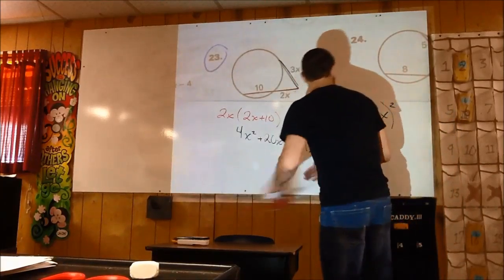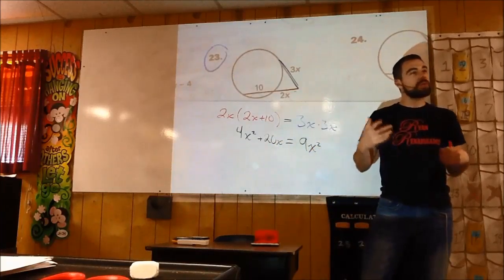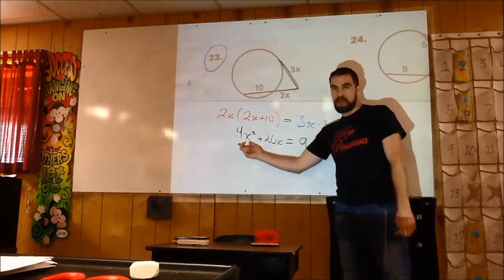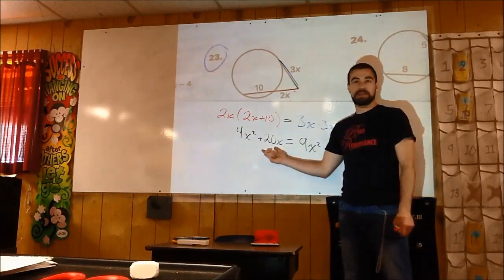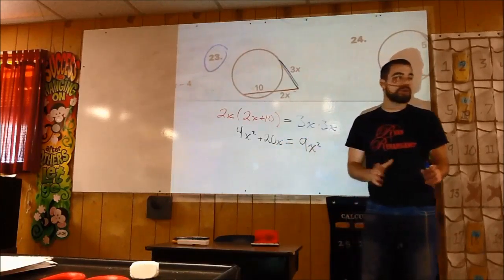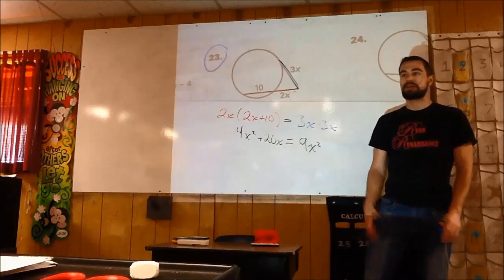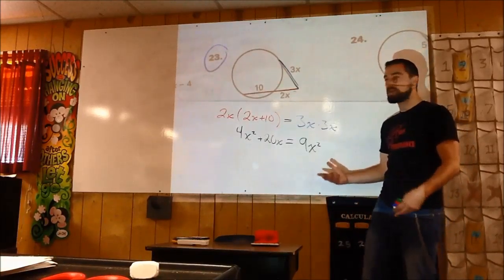Then some of you just said, well, I've only got 2 different types of terms. I've got some that have an x squared, and I've got one that just has an x. So there's not 3 different types of terms. And so maybe you didn't see the fact that this is a quadratic because there's no constant, there's no normal number in this equation right now.